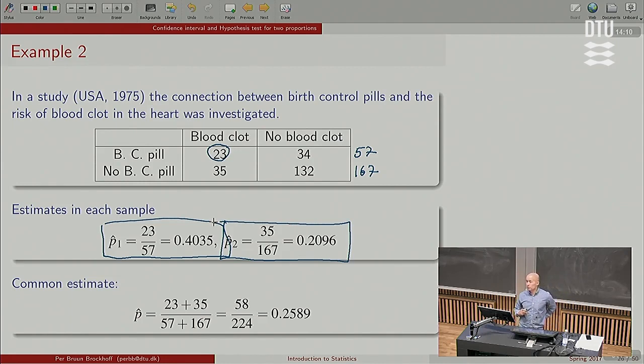It's only 21%, right? These are the two risks, as we could call them here, but generically, it's two proportions that we want to compare. And the common estimate, the common risk across the two groups, if we should give a joint one, I count all the occurrences of the illness and divide by the total number of people, right? Which would then be somewhere in between, with highest weight to the group with the highest number of people, of course. So it's not right in the middle, 26%.